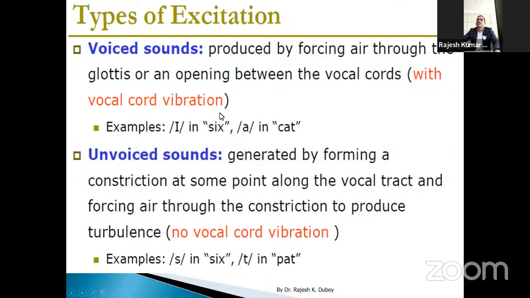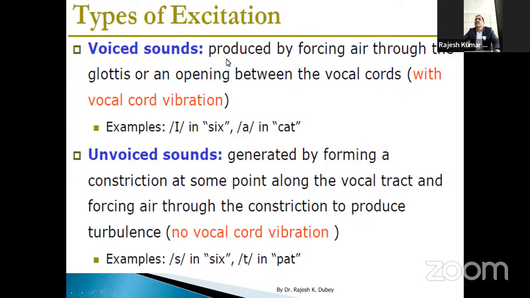On the basis of that, we will talk about the types of excitation. What type of sound is coming depends on the excitation, that is, the input, which is pushing air from the lungs. Sound comes out of the mouth in the form of voiced sound or unvoiced sound.